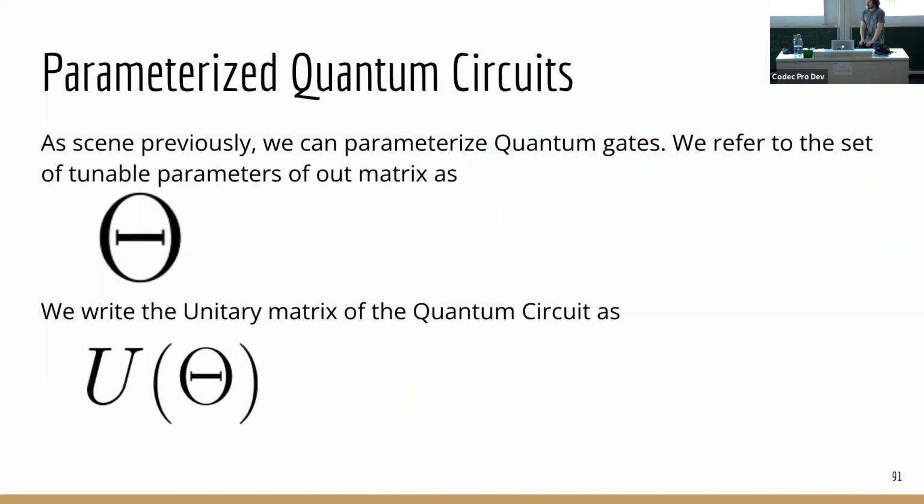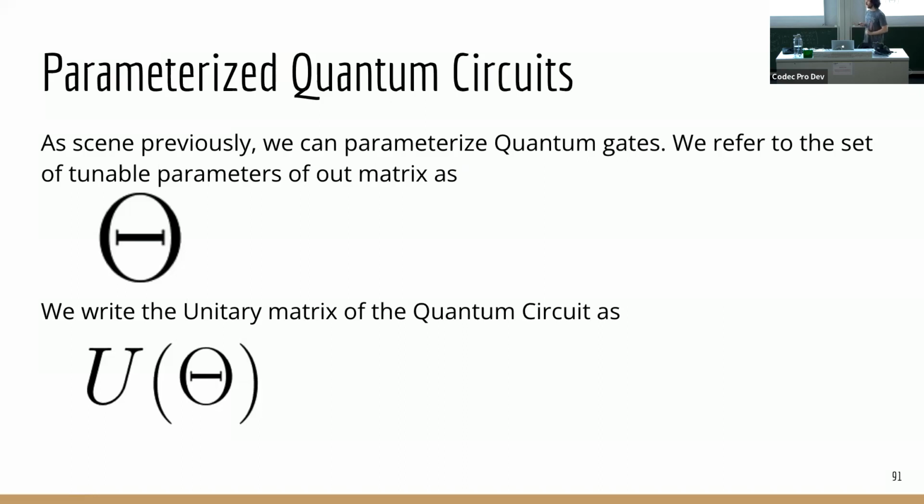So the natural place to start with quantum machine learning is to think about how we can treat our quantum circuit as a sort of stand-in neural network.